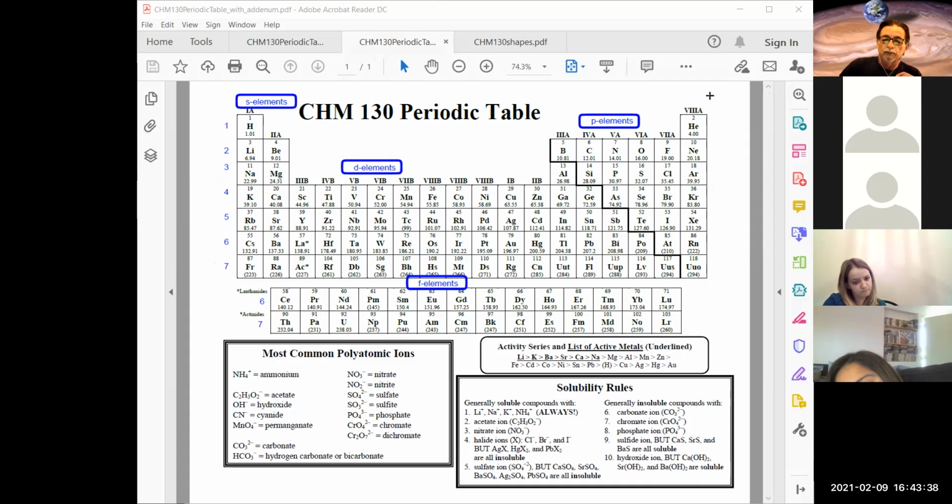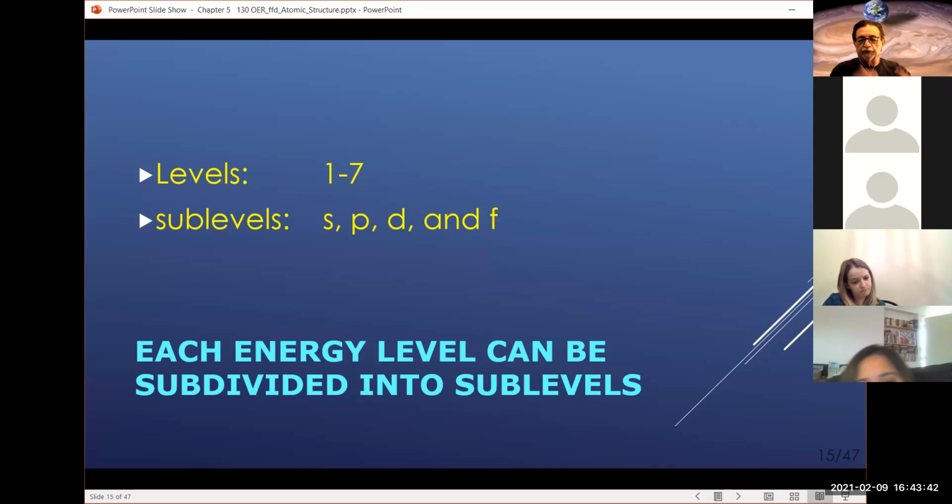So there are 7 energy levels. Now, further theory gives us what are called sublevels. Within these levels there are sublevels that are named orbits.